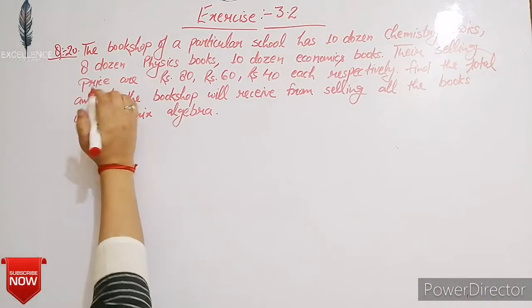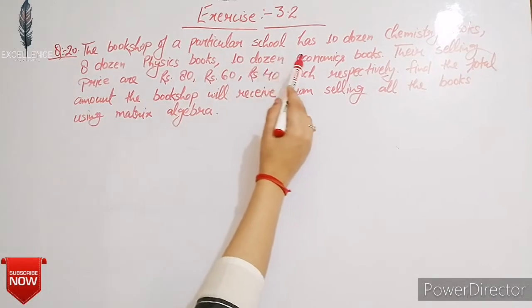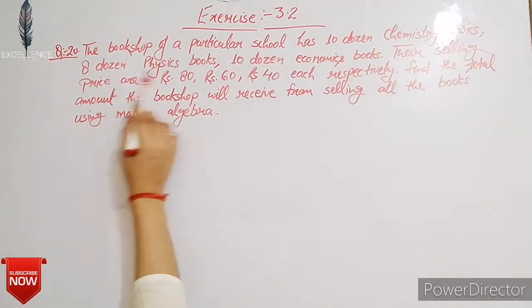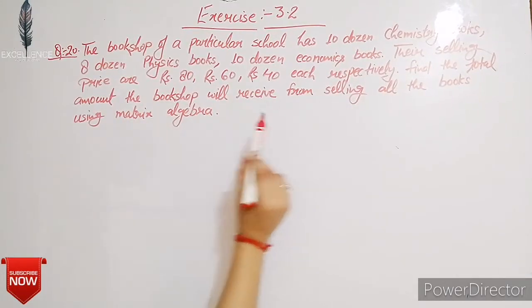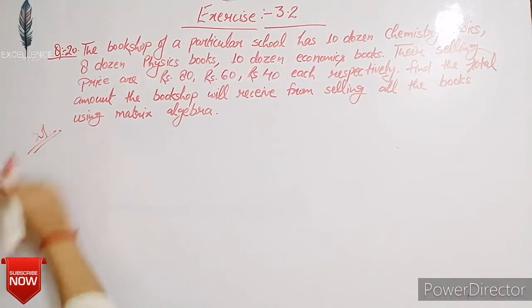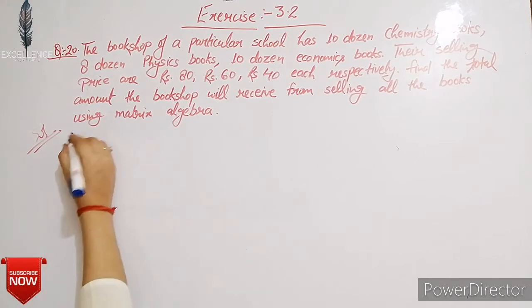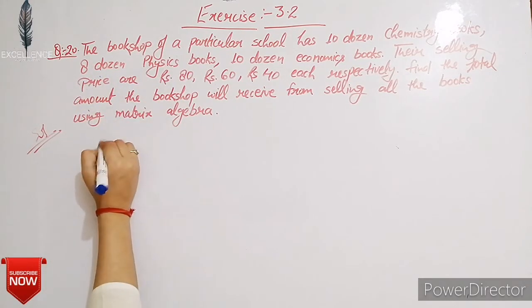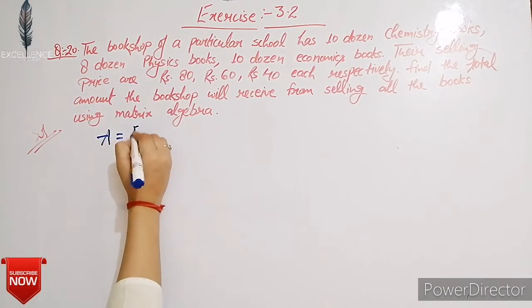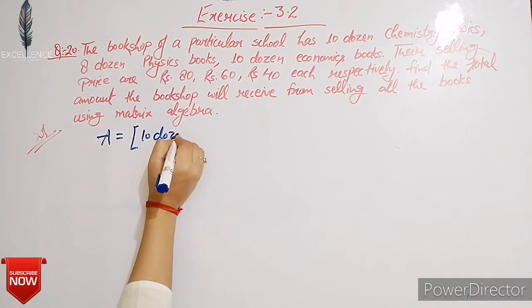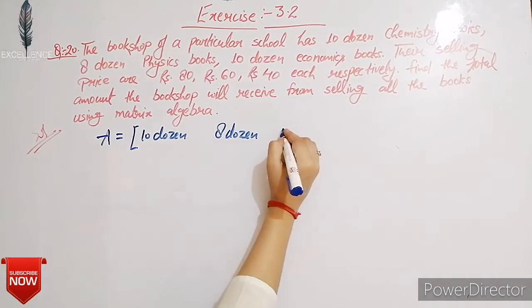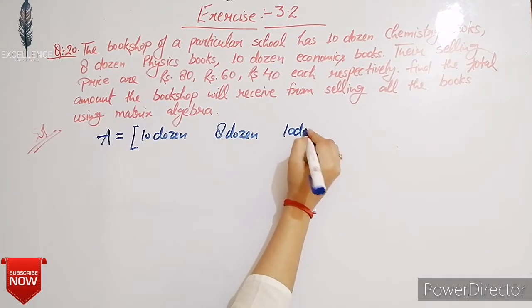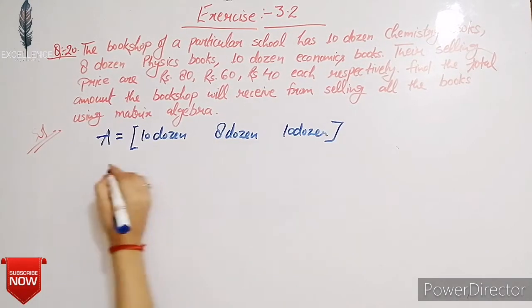Question number 20. The bookshop of a particular school has 10 dozen chemistry books, 8 dozen physics books and 10 dozen economics books, and the selling prices are given. We have to find the total amount the bookshop will receive. Let the number of books be represented by matrix A of order 1 into 3, that is 10 dozen, 8 dozen and 10 dozen. Here we have 3 elements, so the order is 1 into 3.